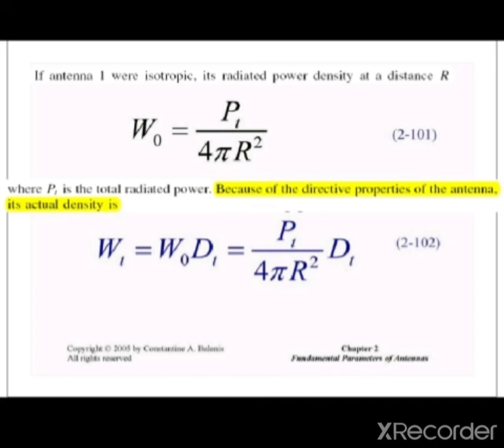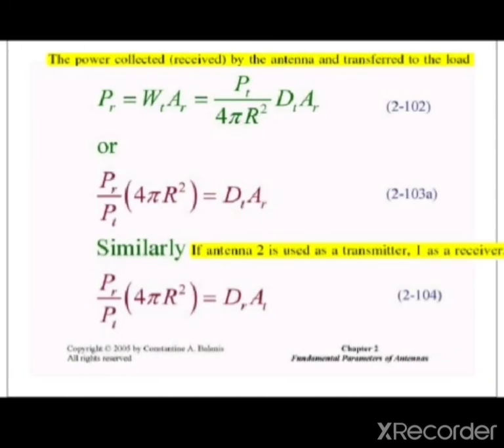The receiving antenna receives the signal, and because of the directive properties of the antenna, the density is equivalent to Wt equal to W naught into dt, that is Pt by 4 pi R square into dt.